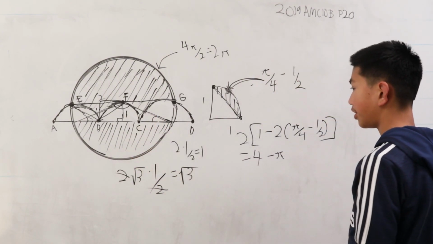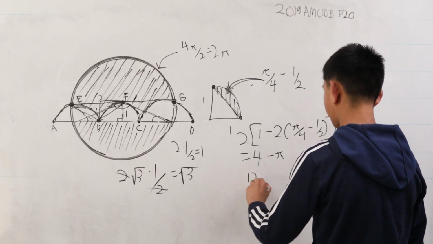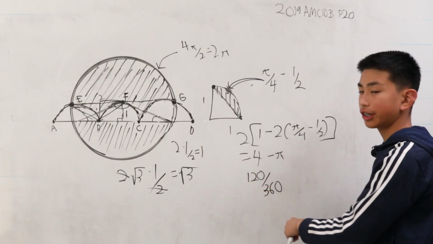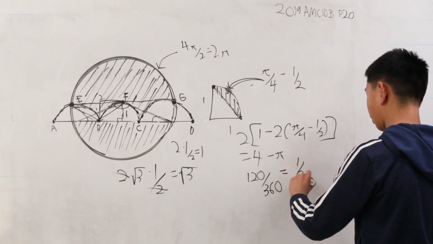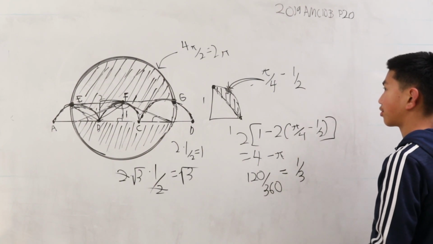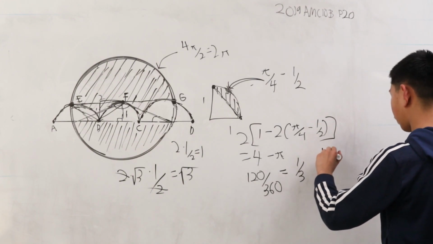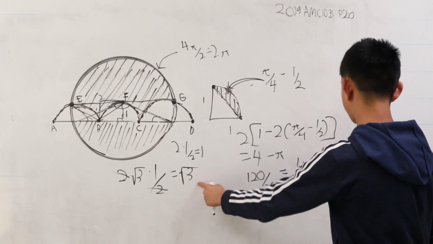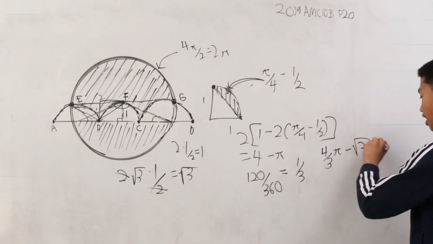As previously stated, it's a 30-60-90 triangle, so 120 out of the total 360 degrees. This is 1/3 of the circle. Since the area of the circle is 4 pi, the area is 4/3 pi. Then we subtract the triangle of area root 3.